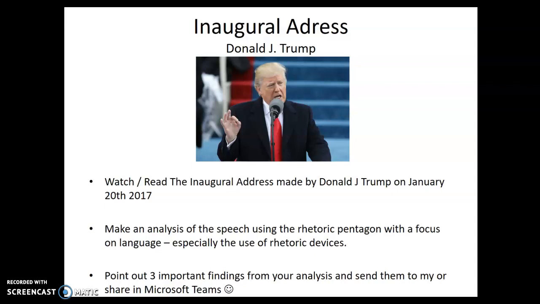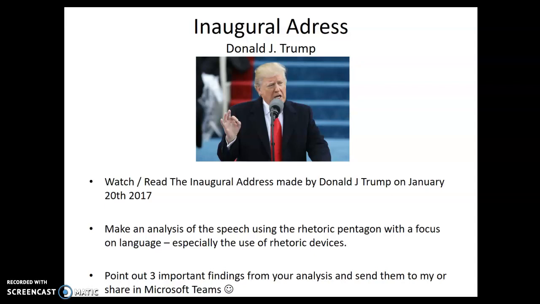And since we can't have a sort of class talk about it, I want you to point out three important findings in your analysis, three things that you find quite important, that surprised you perhaps, or that you weren't surprised by when he said it, or here you can actually see a rhetorical device, and so forth.